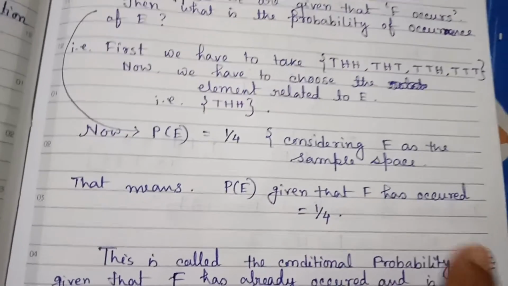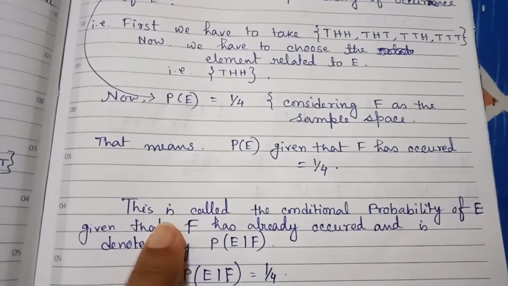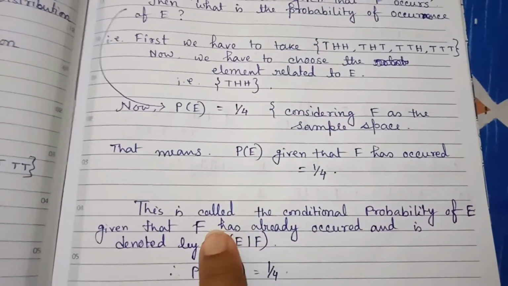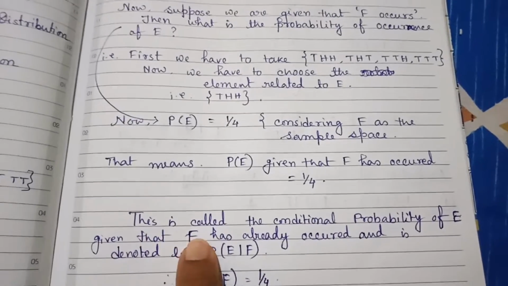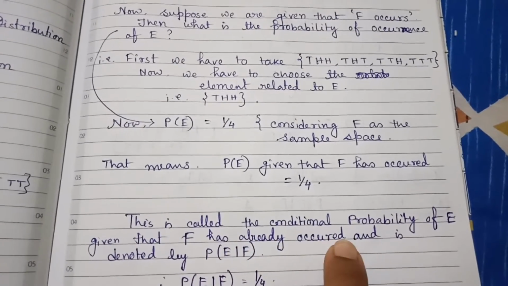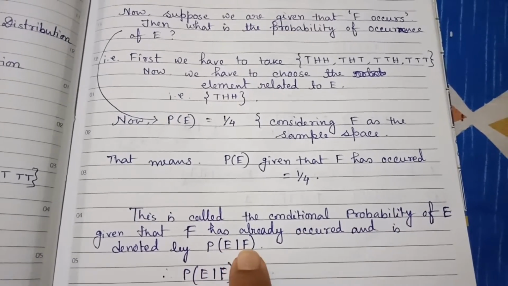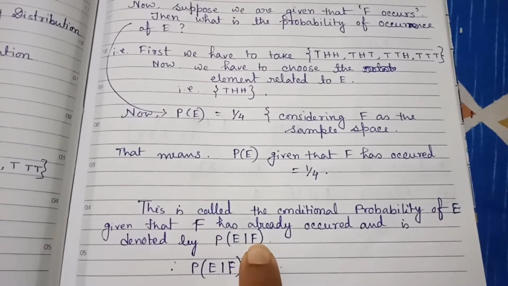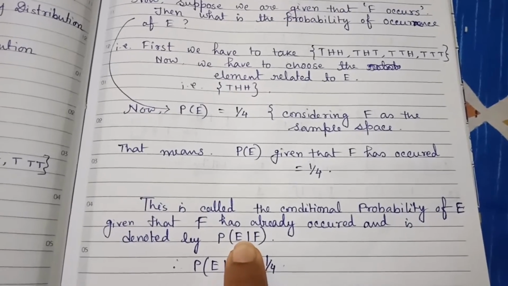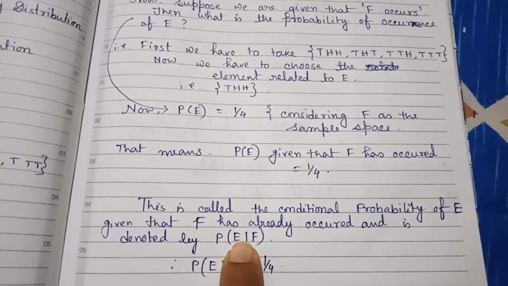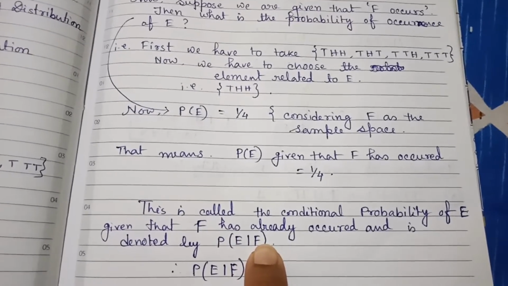E is conditioned on F. That's why we will call this the conditional probability of E given that F has already occurred, and it is denoted by P of E given F. That means F has already occurred, and the probability of E must be calculated depending on F's occurrence.